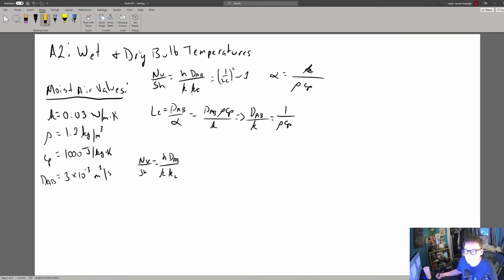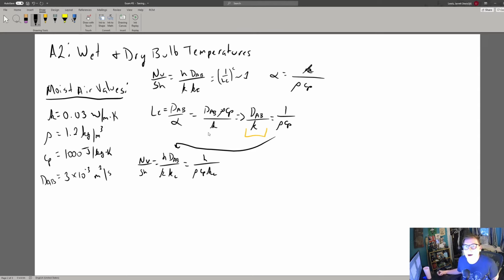We just showed up here that the mass diffusivity divided by conductivity is equal to 1 over the density times the heat capacity. So we are just going to put that in here and rewrite. So the heat transfer coefficient divided by the density times the heat capacity times the mass transfer coefficient is equal to the Nusselt number divided by the Sherwood number.